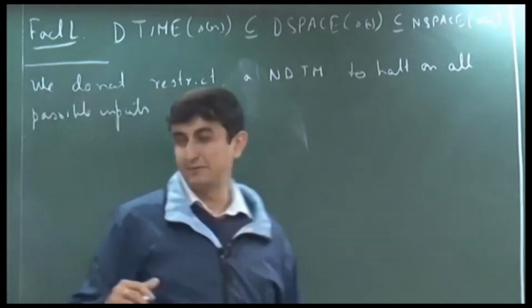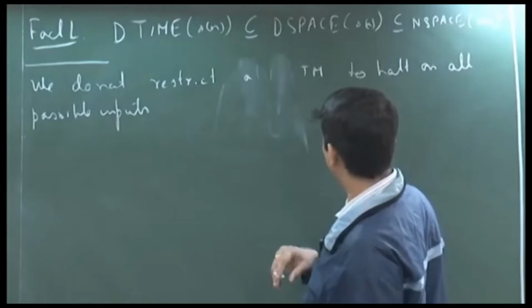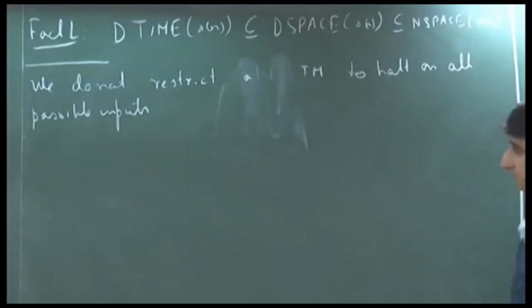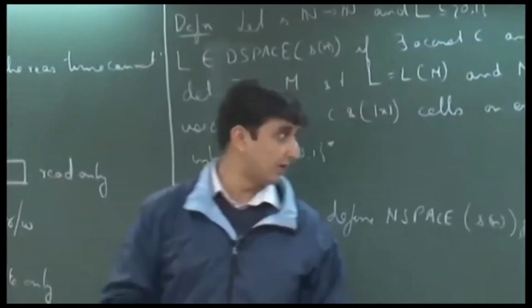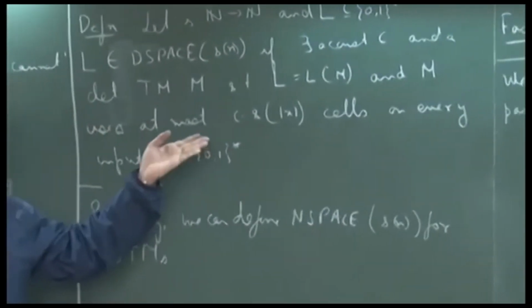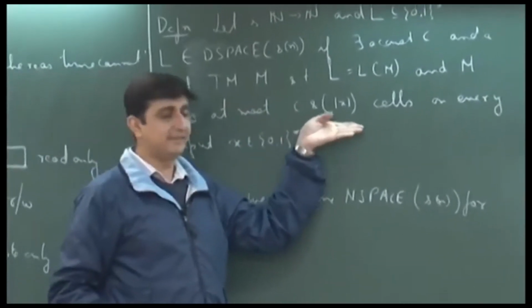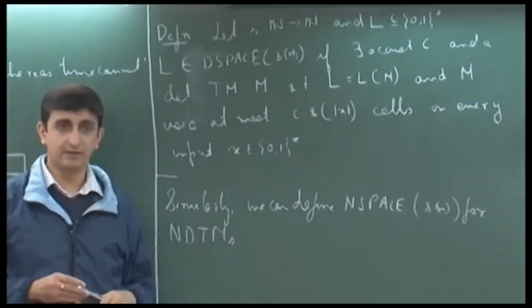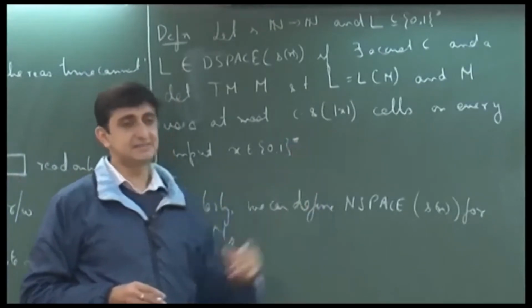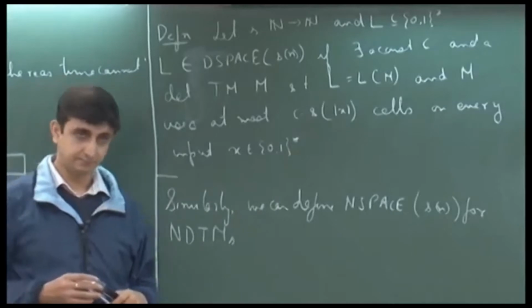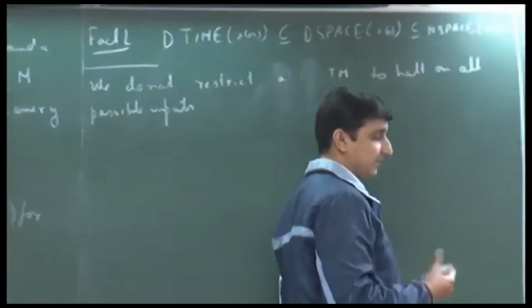If you look at the definition, not only non-deterministic, even the deterministic, we are not requiring that on a given input x, the Turing machine has to halt and then produce its output. All we are requiring is that it has to use this many memory cells for a given input x, S of x or S of n.